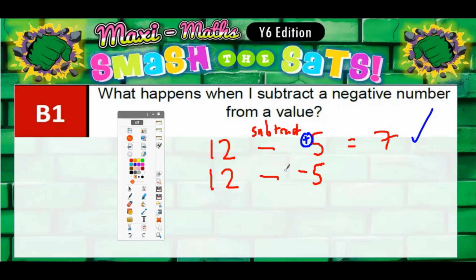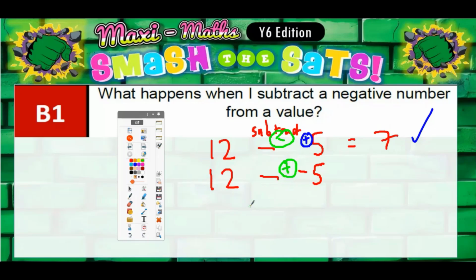We already know that. So 12 subtract negative 5 can't possibly give you 7. And it's because if you're subtracting a negative number, you actually end up adding that number. So subtracting a positive number, you do overall have the effect of a subtract. When you're subtracting a negative number, the two negatives combine to make a positive. A double negative makes a positive.